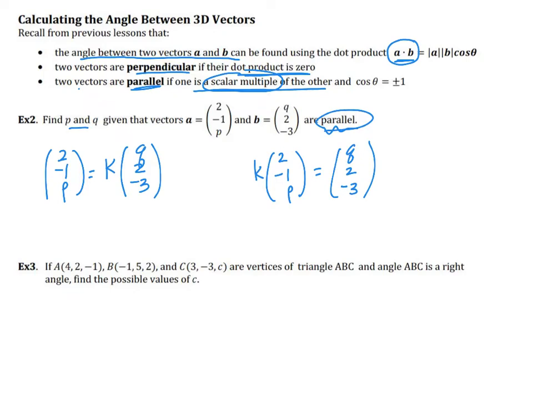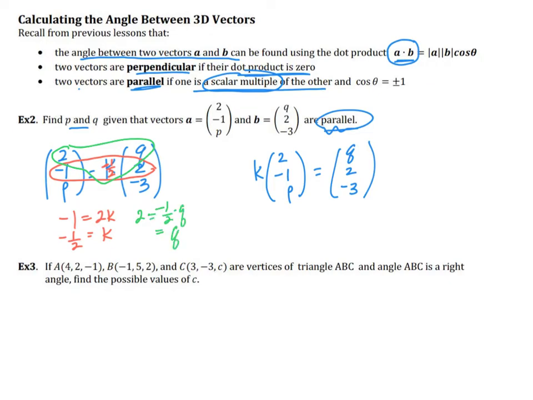So let's try it. Our key is this middle number, right? It says -1 equals 2k, therefore k equals -1/2. So now I know that k, my scalar multiple, is -1/2. So I'm going to say here, let's get a different color, 2 equals -1/2 times q.